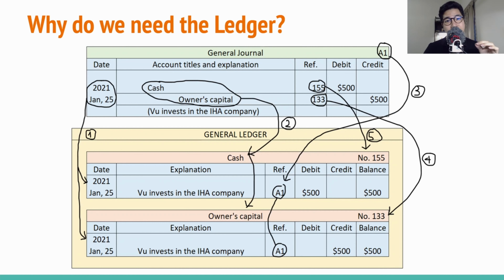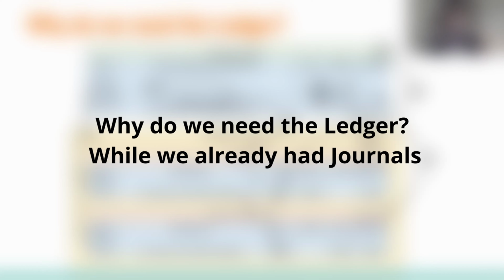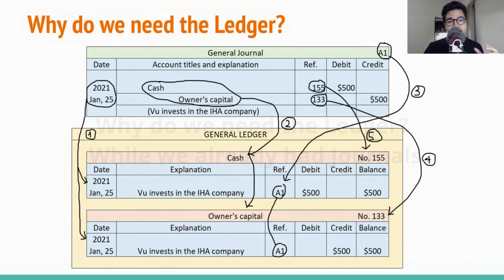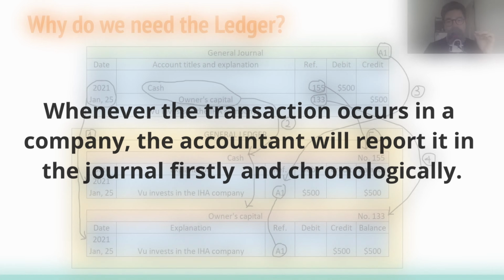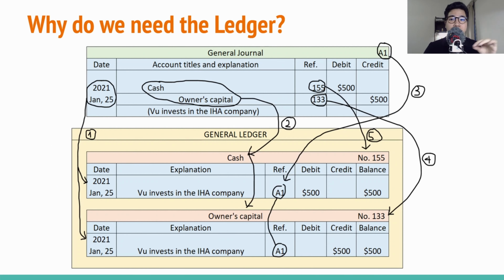In this slide, we're going to dig deeper into the question: why do we need a ledger when we already have journals? Since my previous video, Journal in Accounting, we already know that whenever a transaction occurs in a company, the accountant will report it in the journal first and chronologically, right? Now, I want you to gander at the visual aid in the slide.